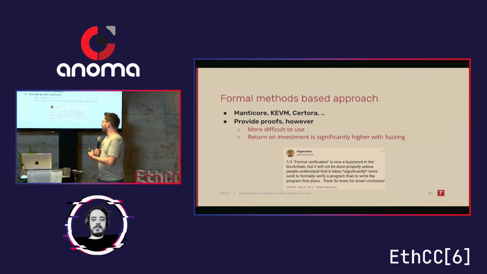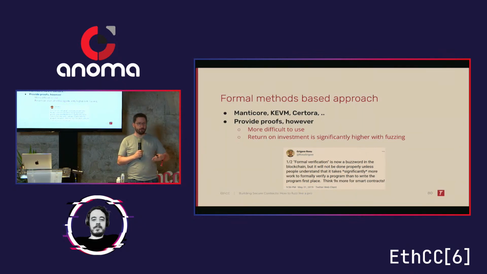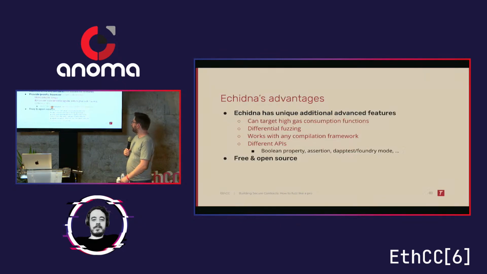So you can try formal methods, but from our experience, it's just going to be way more investment for you. There is this quote from the CEO of Runtime Verification basically saying that you need 9 times the resources to formally verify a contract versus the ones you use for development. While with a fuzzer, as you saw, it's pretty straightforward to use.